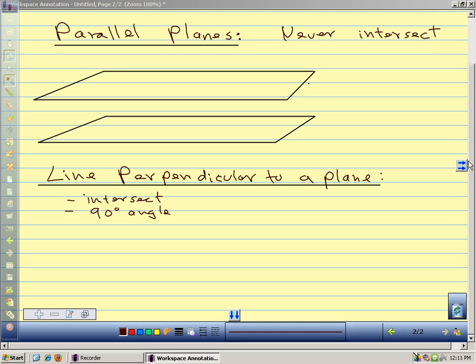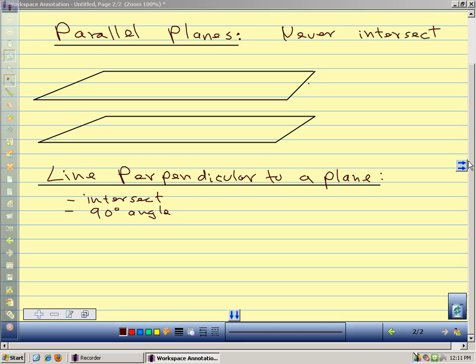So here's my line, and I'm going to use these markers linked together. This is my other line. So the line made by my markers makes a 90-degree angle with the line that's in the plane of the board.